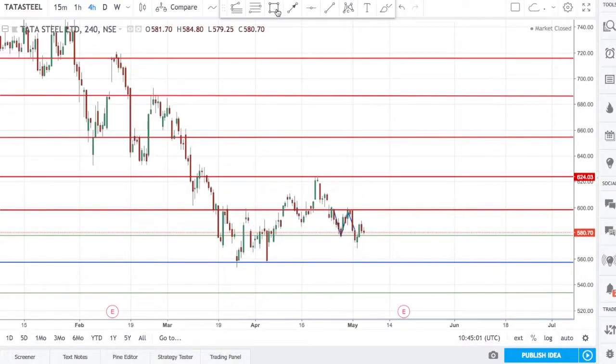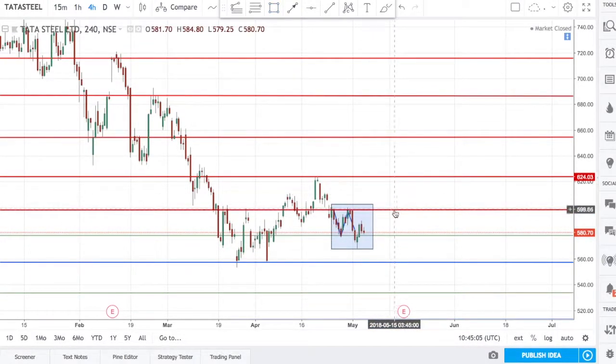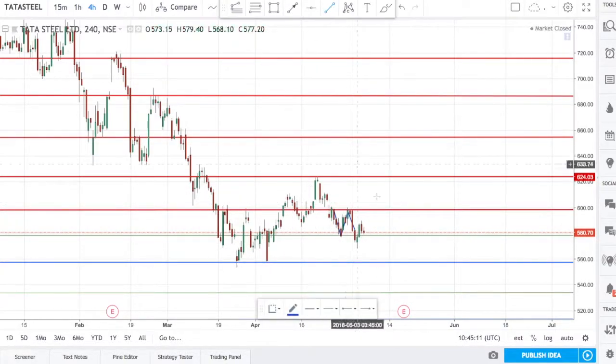So we have our trade setup here, and what we are expecting out of this setup is for prices to push down into this level of immediate support.